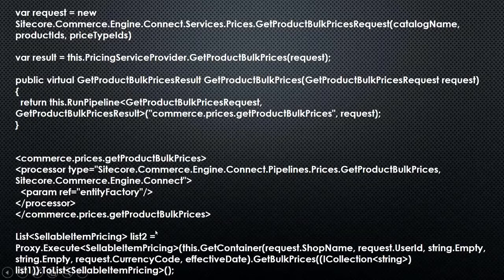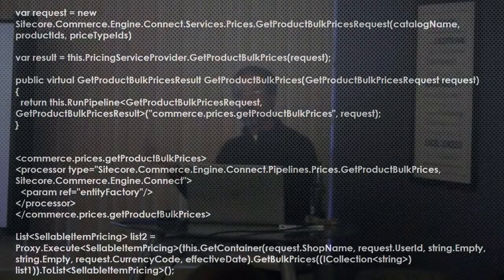I'm passing all these sellable items, product IDs, and saying give me that price. The only thing to see here is that this is actually the API call. This proxy is actually an OData proxy. So when you use proxy.Execute, you are making an API call going to the commerce engine, and then it returns you the OData object.